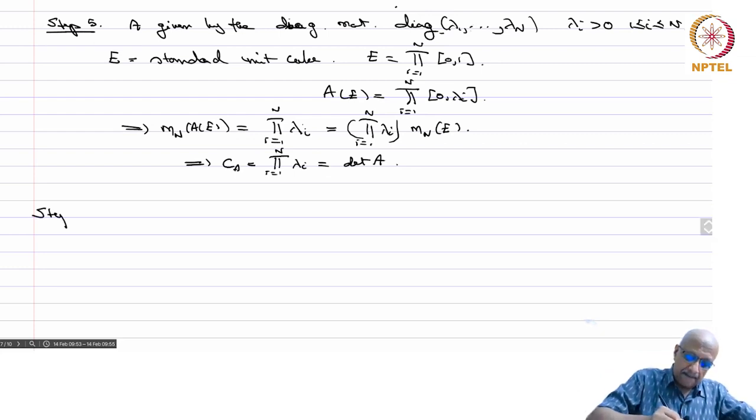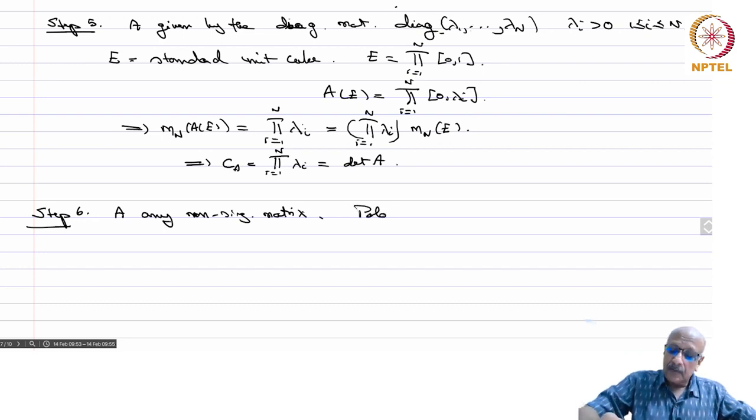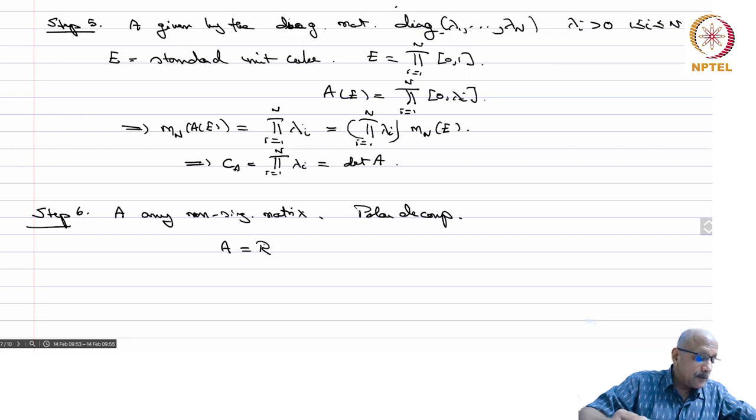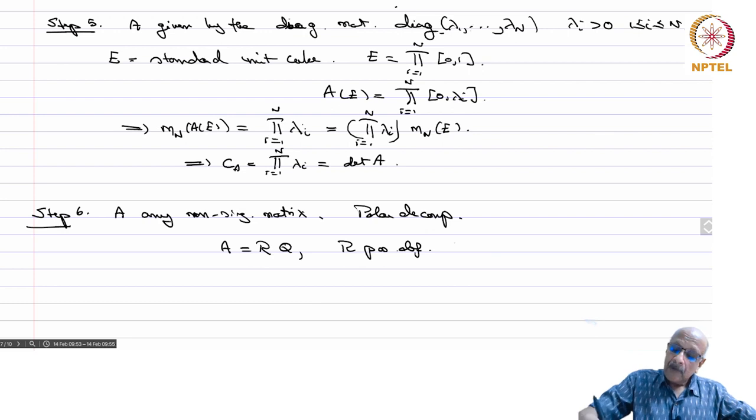Step 6. For any non-singular matrix A, we have the polar decomposition. A can be written as R times Q, R positive definite, Q orthogonal. This is the same as any complex number being written as modulus of z times e to the power i theta.